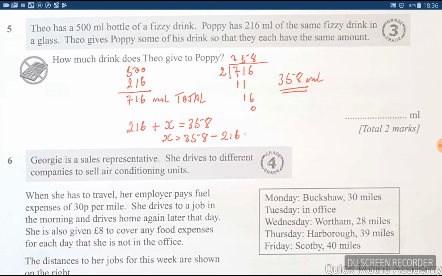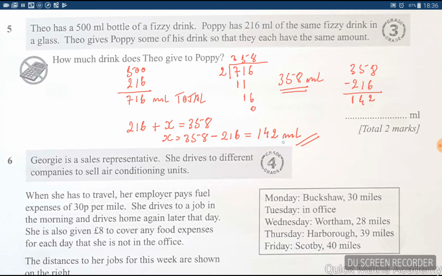Okay, and that will be equal to something. Let's do the math here. 358 minus 216 will be 6 to 8 is 2, 1 to 5 is 4, 2 to 3 is 1. It's 142 milliliters. Alright? So Poppy has to receive 142 milliliters.